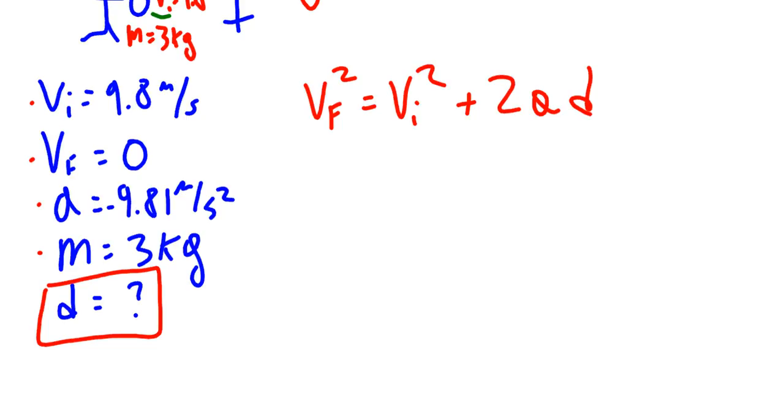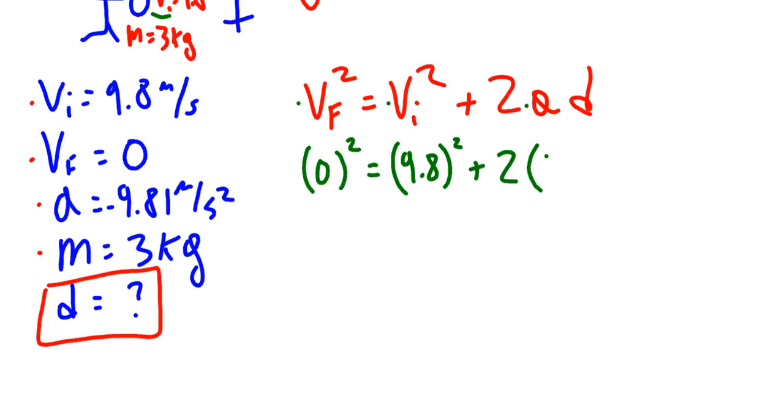Because I definitely have my VF, my VI, I have my acceleration, I'm trying to solve for my distance. Perfect. So now directly below the equation, I plug in. So below my VF, I put a 0, keep the math operation squared. Below my VI, I put my 9.8 squared plus 2 times gravity, which is negative 9.81, times the distance which I'm trying to solve for.